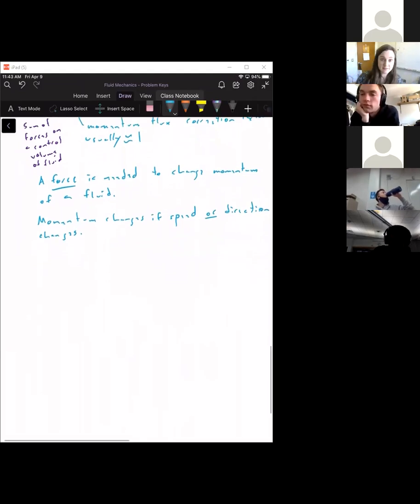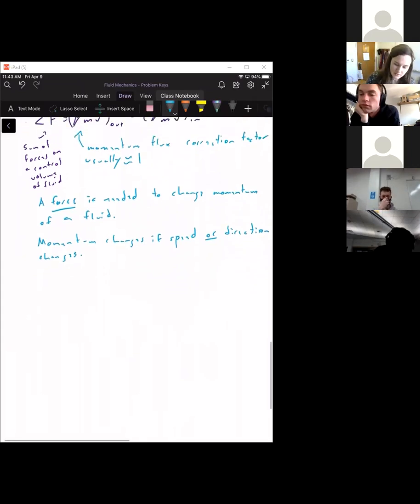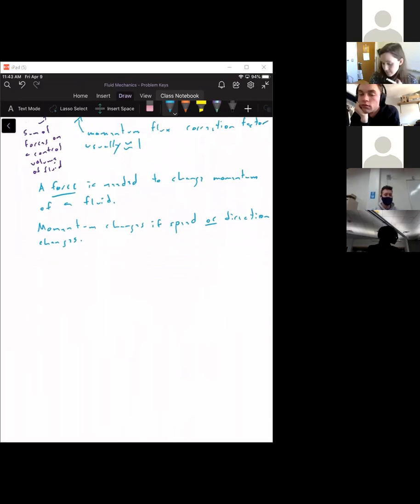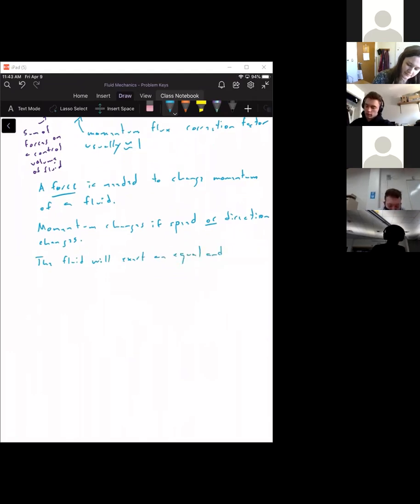Okay, momentum changes if speed or direction changes. So what does that mean? And we also know that the fluid will exert an equal and opposite force. That is another thing we talked about.